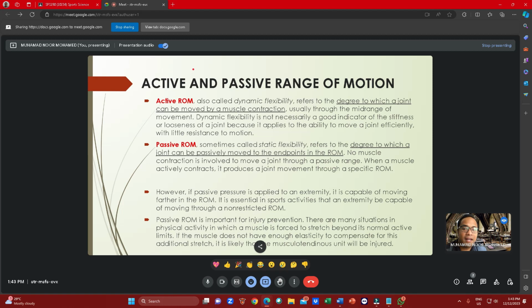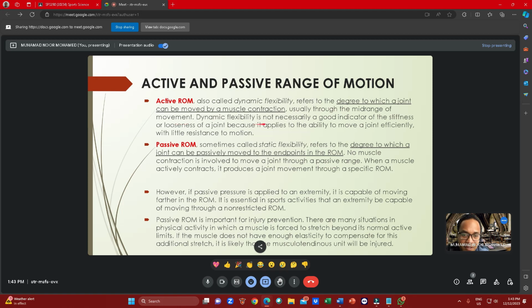Then we need to know what is meant by active range of motion and passive range of motion. Active range of motion, also known as dynamic flexibility, refers to the degree to which a joint can be moved by a muscle contraction, usually through the mid-range of movement.